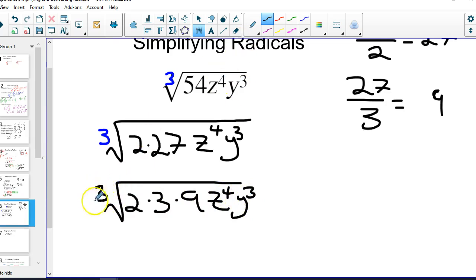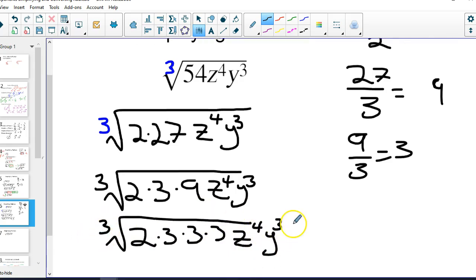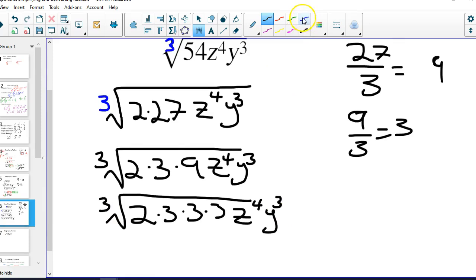Still have that 3 out there. And then 9 is divisible by 3. So 9 divided by 3 is 3. So we have 2 times 3 times 3 times 3, z to the 4th y cubed, and this is all the cubic root. Now, like I was saying earlier, we're looking for a set of 3 factors that are the same. In this case, notice how we have 3 times 3 times 3.